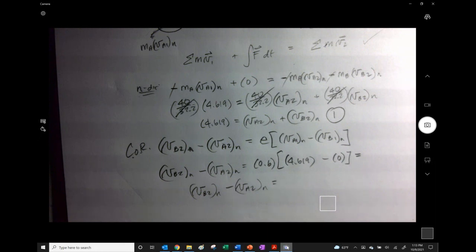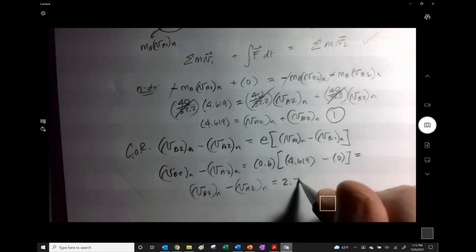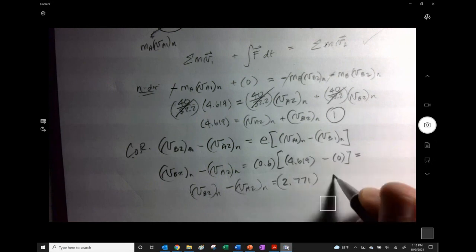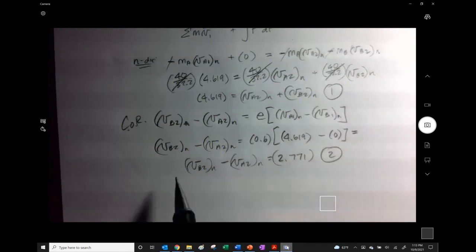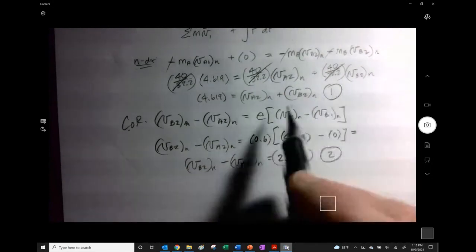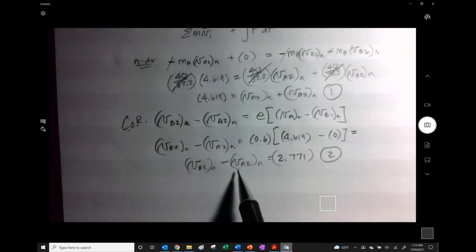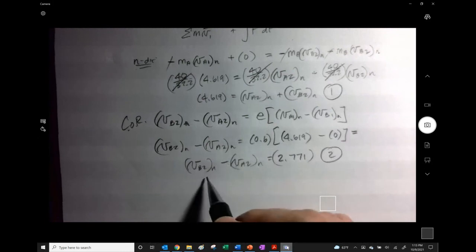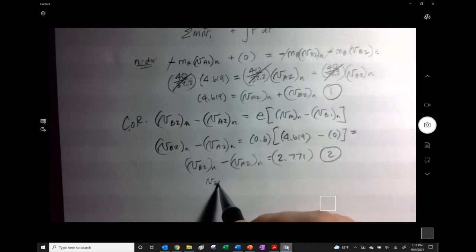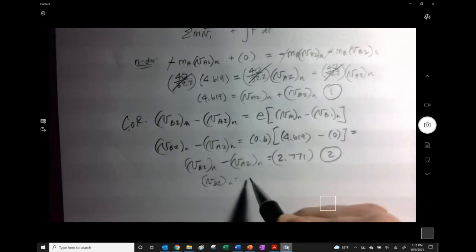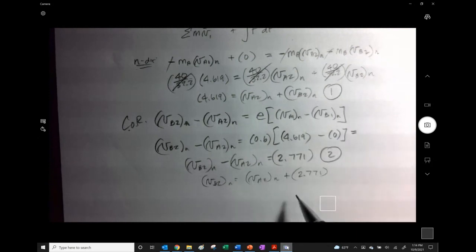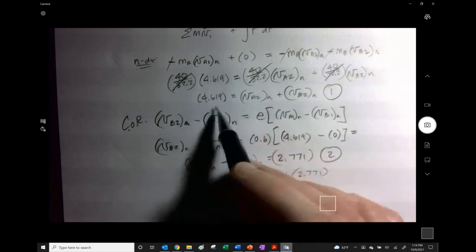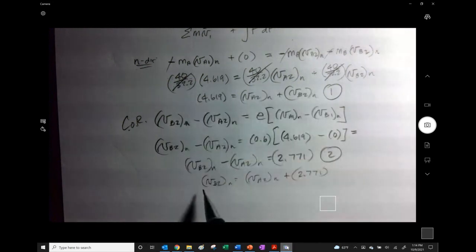So 0.6 times that, we get 2.771, and that's going to be our equation 2 here. Now, we have 2 equations and 2 unknowns. I think I'm going to rearrange this one to say VB2n is equal to VA2n plus 2.771 and stick it back up into this guy right here.